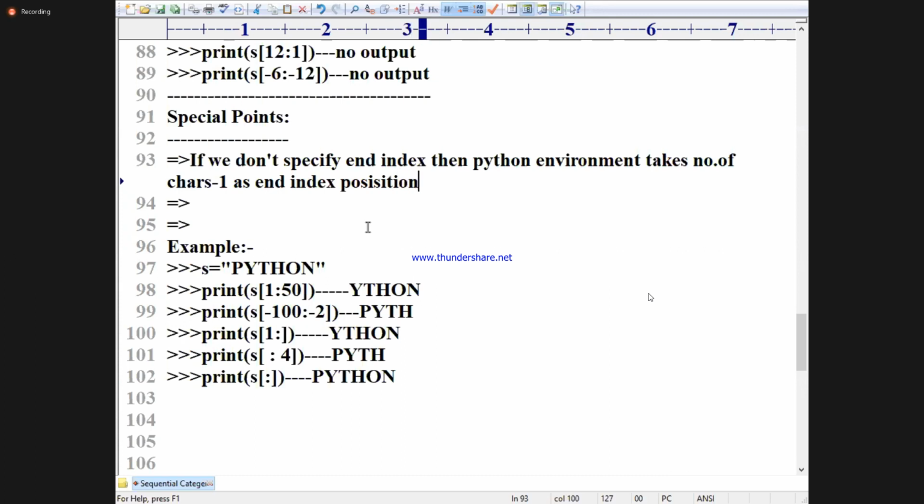This is very, very important. Is it okay? Here I did not specify the end index. How many characters are there in S? 6. 6 minus 1, 5.